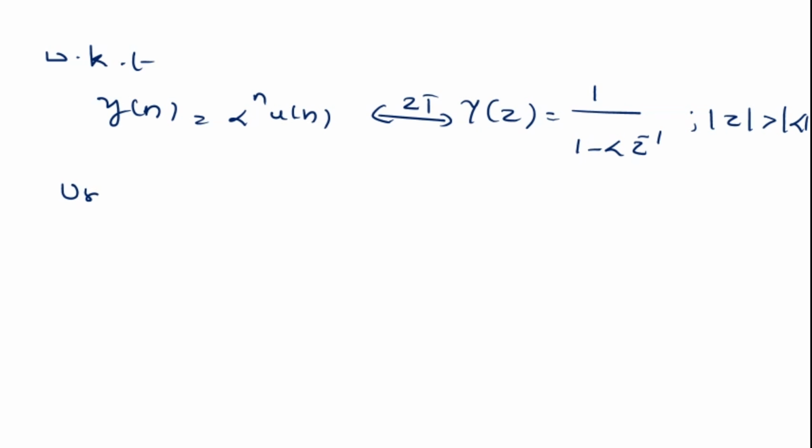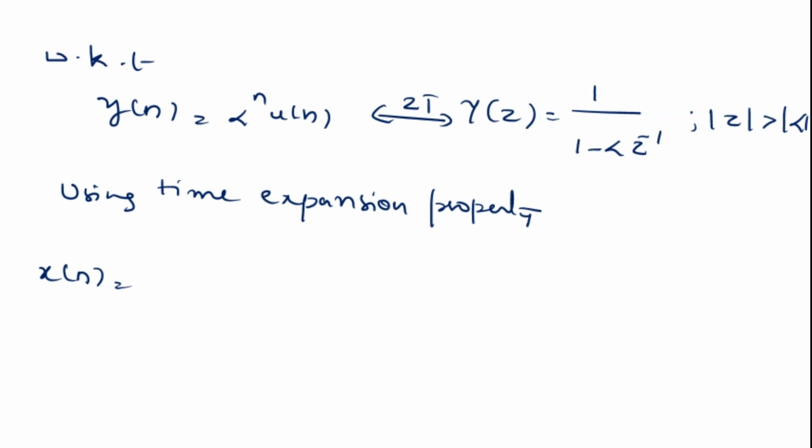And using time expansion property, x of n is equal to y3 of n, which is equal to alpha to the power n by 3 into u of n by 3.